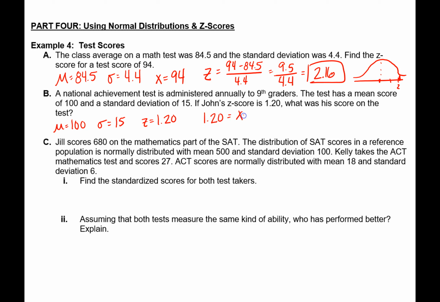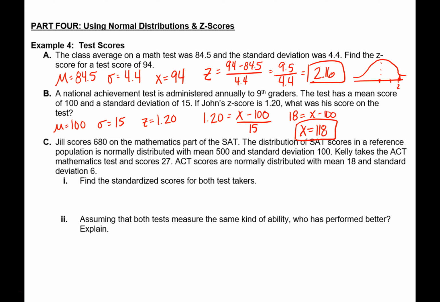We don't know what his actual score was, but we can reverse the process of subtracting the mean and dividing by the standard deviation to figure that out. So I'm going to do 1.2 times 15 first. That's 18. And then I'm going to add 100. So we know that his score on that national achievement test was a 118, whatever that means.